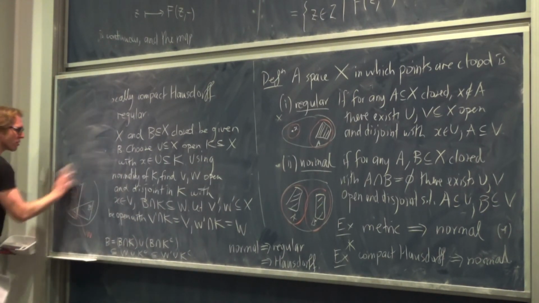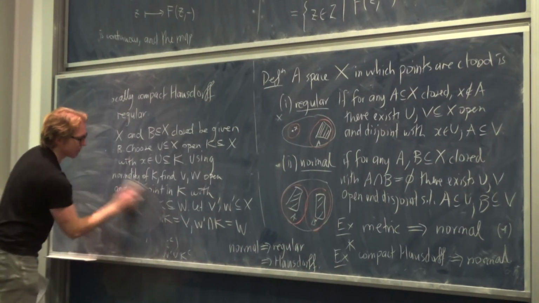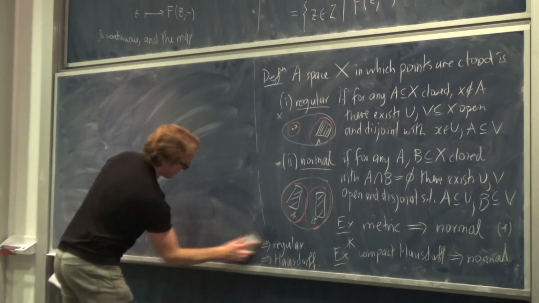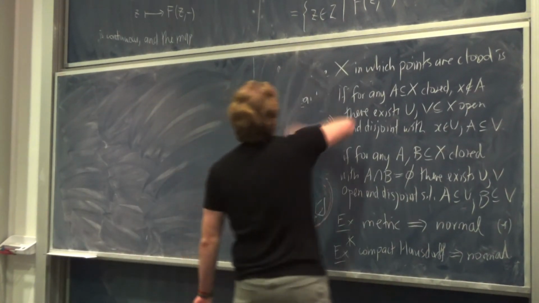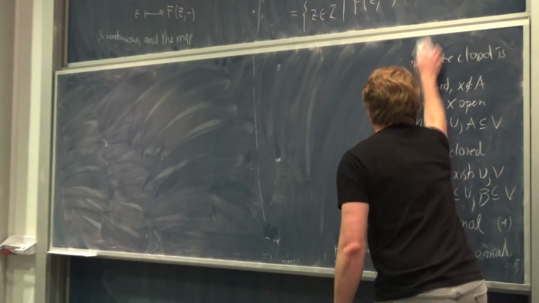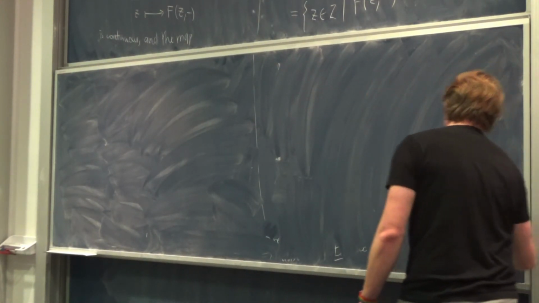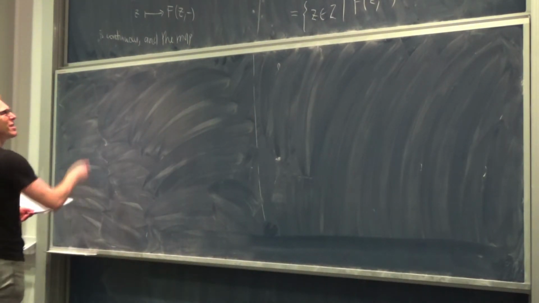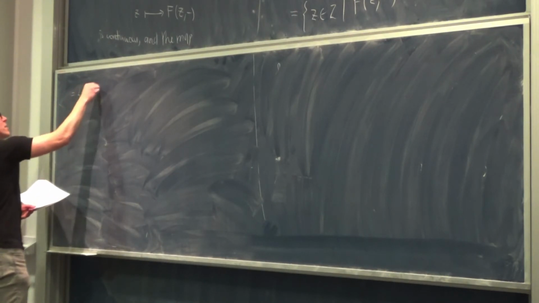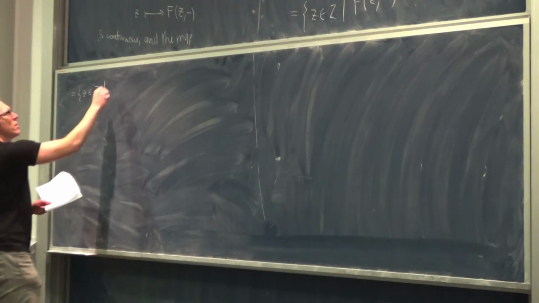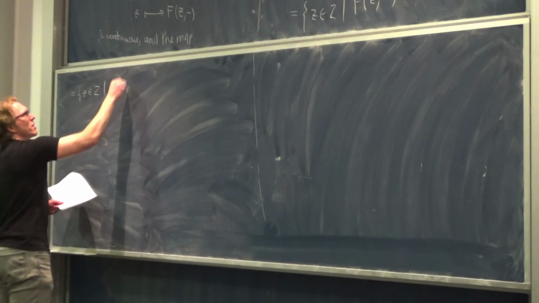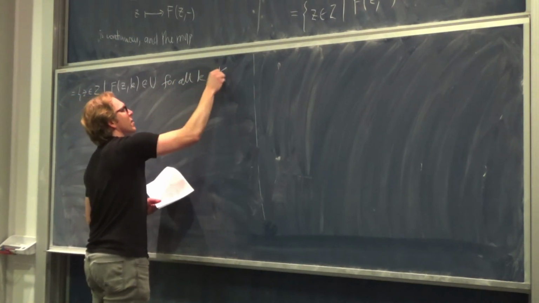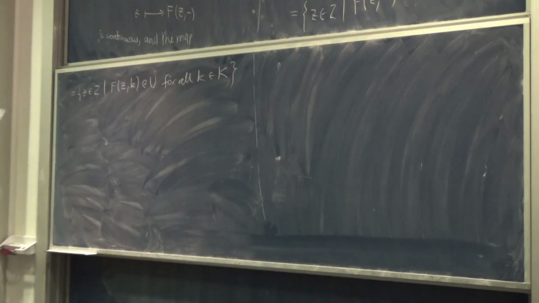Well, what have I got to use? I've only got continuity of capital F, so somehow that has to be enough. All right, so that's the set of all z's in Z such that f(z, k) is in U for all k in K. Right, that's what it means to be in S_{K,U}.